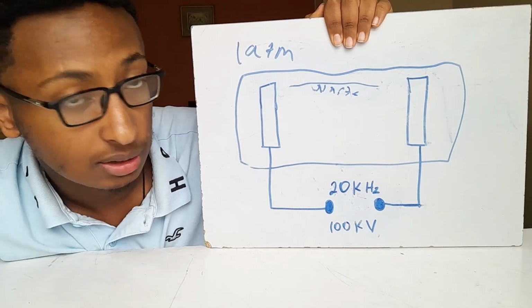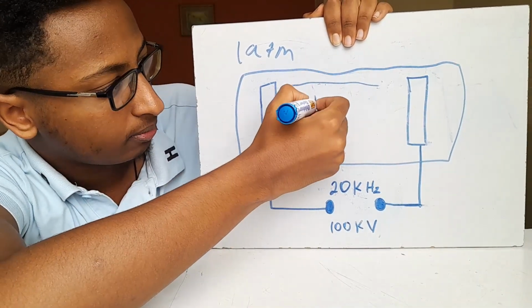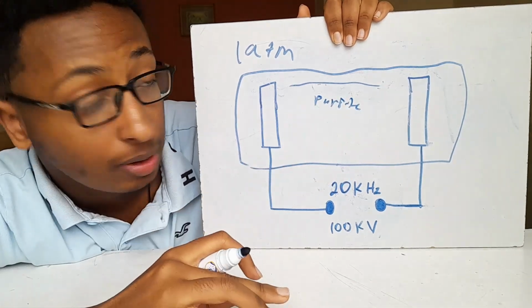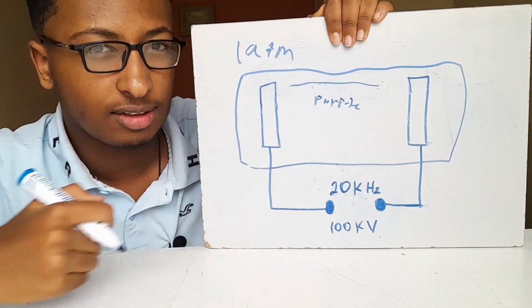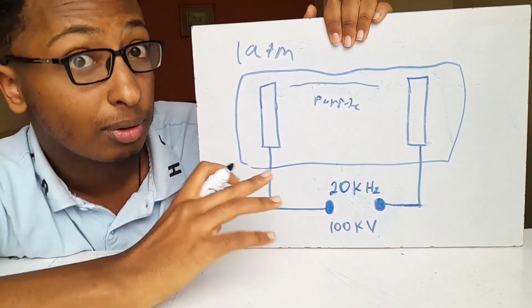If we decrease the pressure inside this container, it starts to glow purple again. When it becomes a vacuum, it glows beautifully. It's purple.